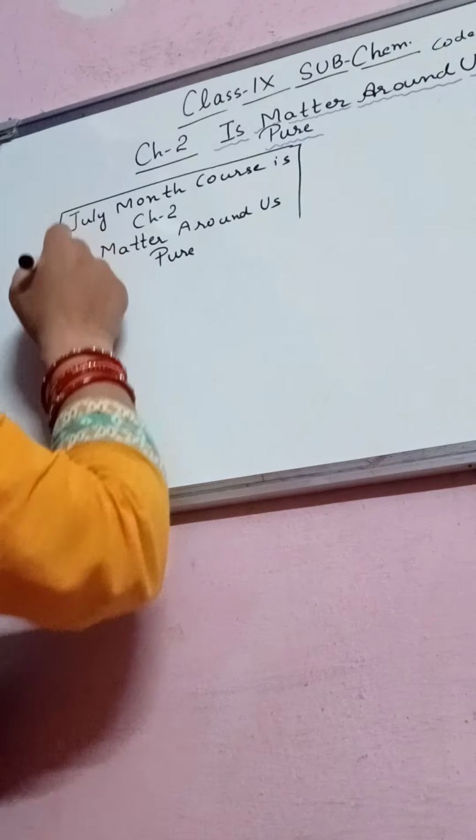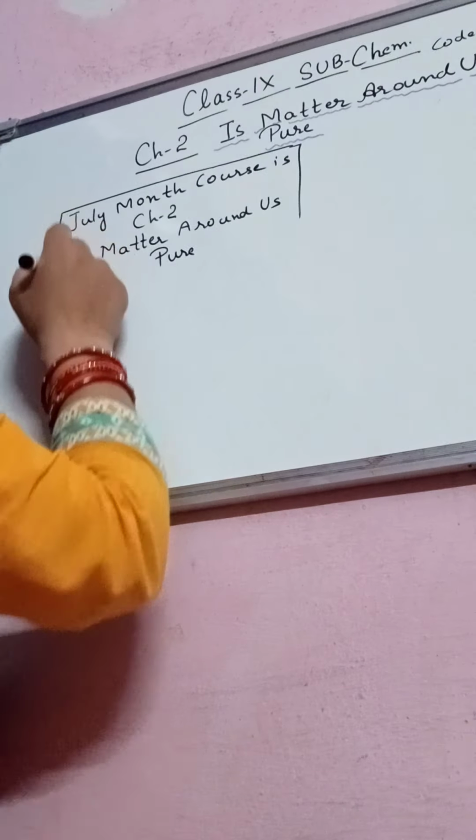Now I am telling you the outline classification of this chapter. The whole flow chart of what we have to study in this chapter, you have to draw in your chemistry copy also. So look here, matter can be classified into two types, that is pure substances and mixtures.